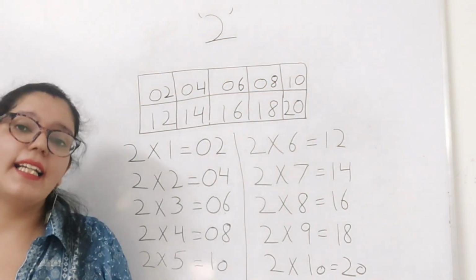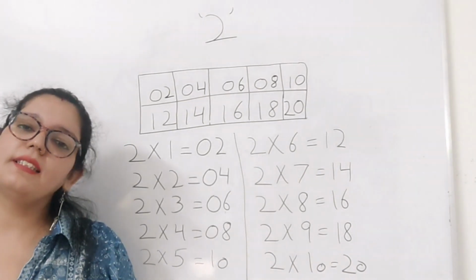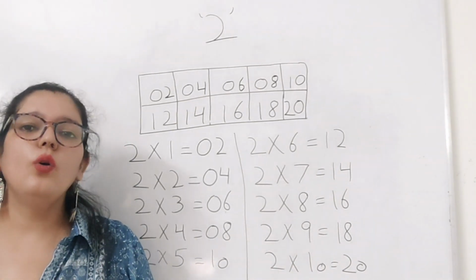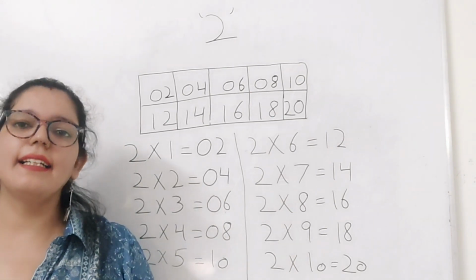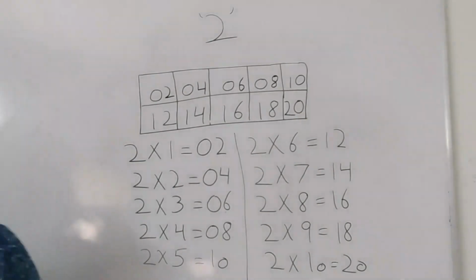As I said, it is very easy to learn the tables with these tricks. Now we will next learn the trick of learning the table of 3, that is the 3 times table.